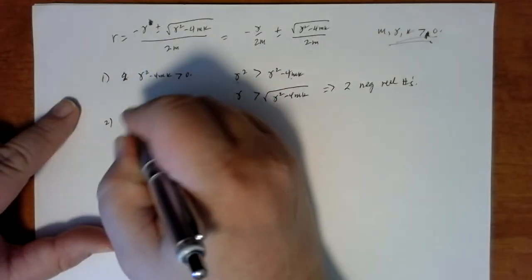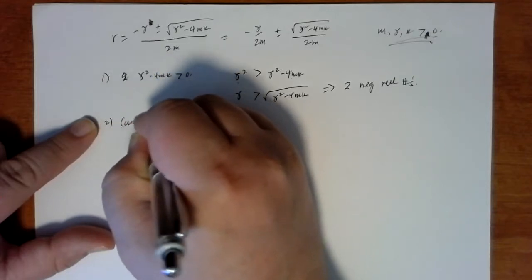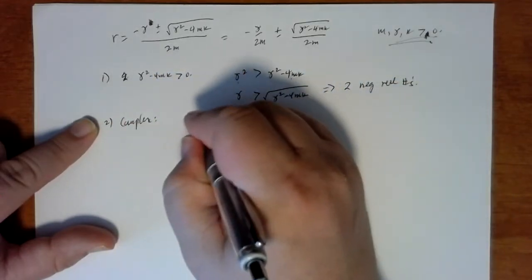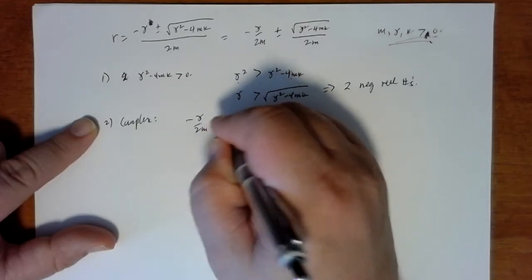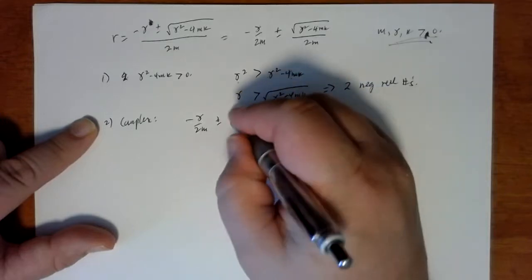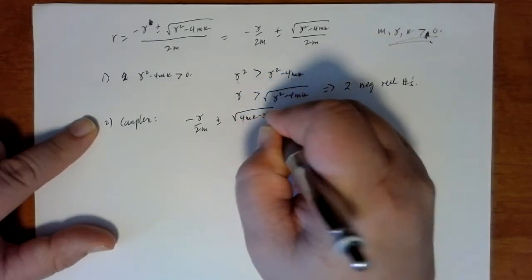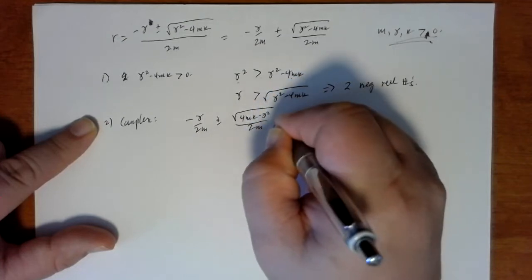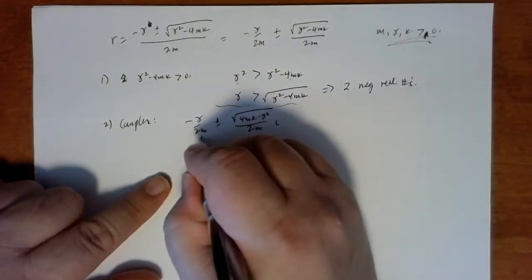Okay, how about when we look at the complex roots? In that case, we'll have minus gamma over 2m plus or minus. Now this is where the discriminant is negative, so I'm going to reverse the signs here. Okay, and now this is the real part.